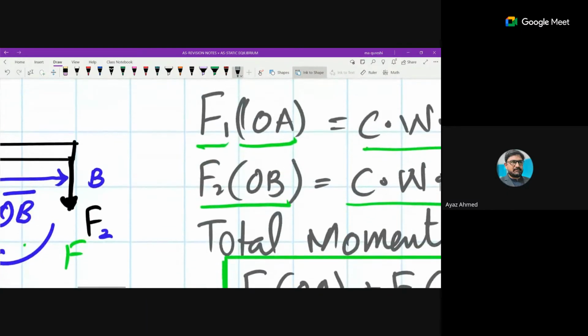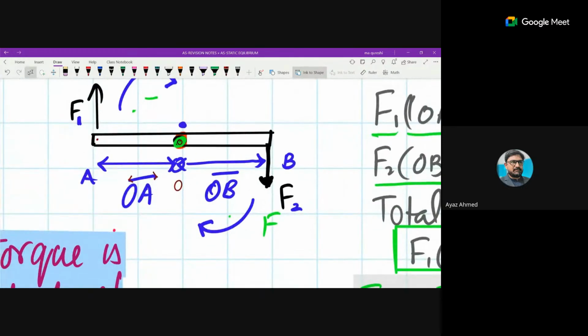What are this OA and OB? OA plus OB is equal to what? The distance from O to A and the distance from O to B, if I add them together, what do I get?